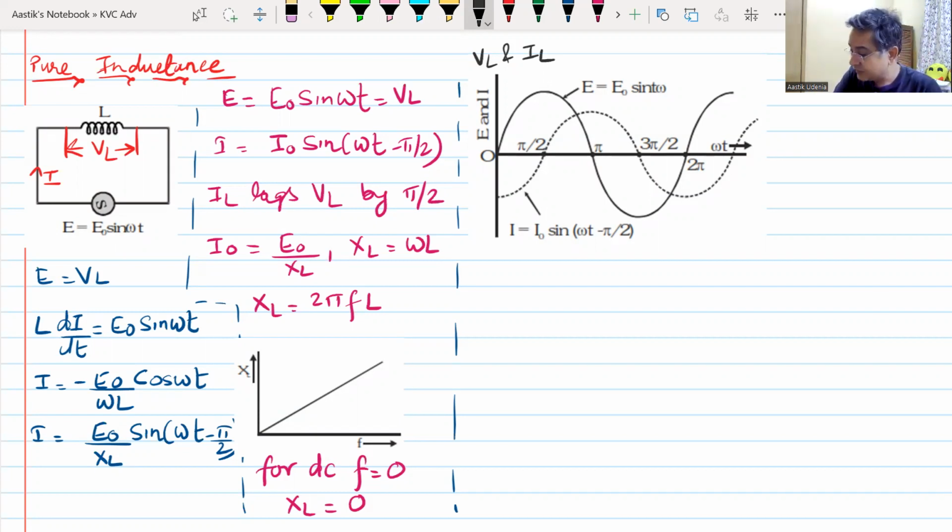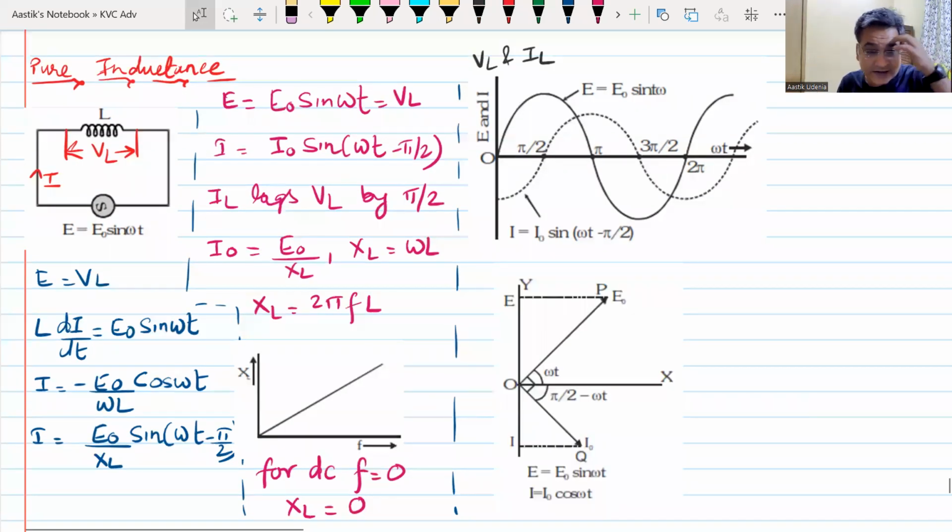Yes. Then you can draw the phasor in this way as well. The phasor will look like this: current will be lagging behind and voltage would be leading. Yes or no? Yes, sir.